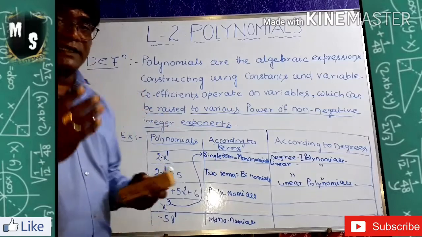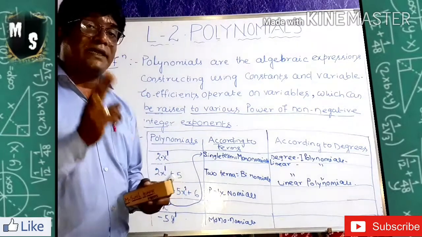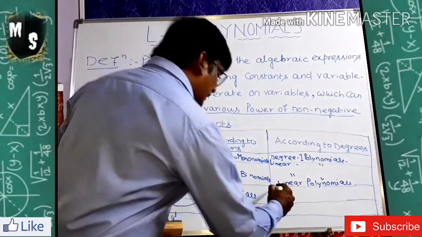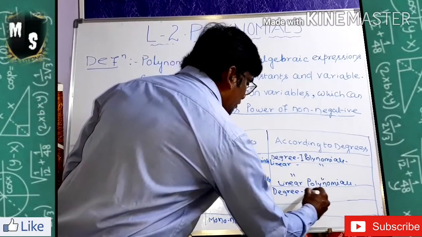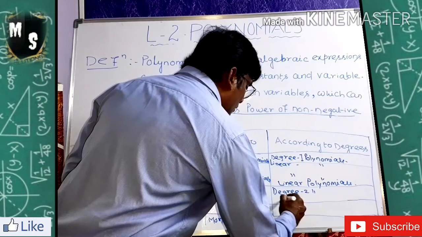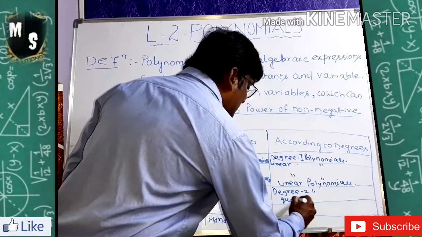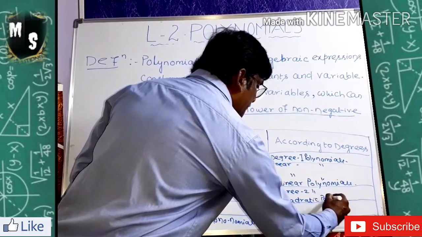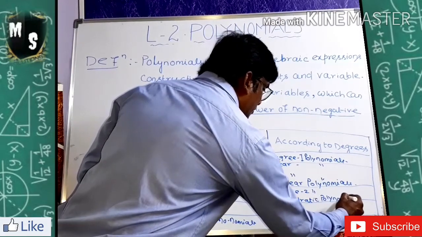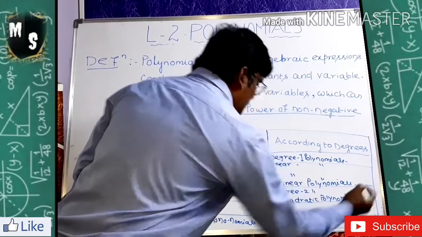So it is called a degree 2 polynomial, or quadratic polynomial. I hope you understood.